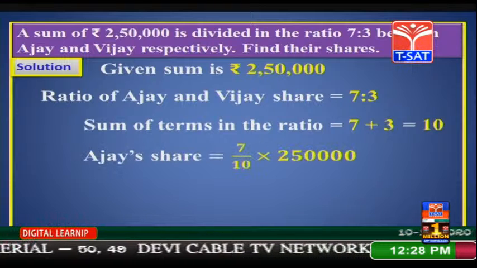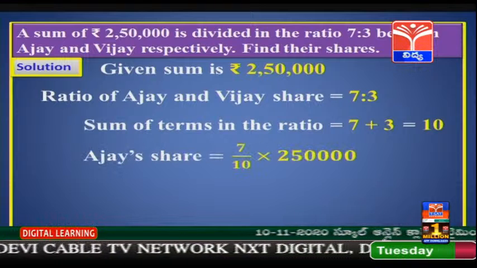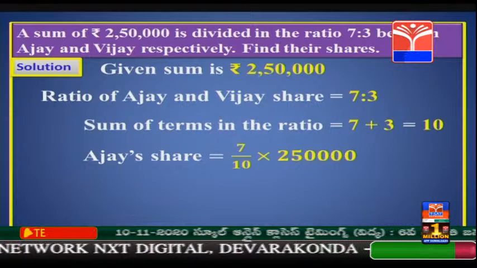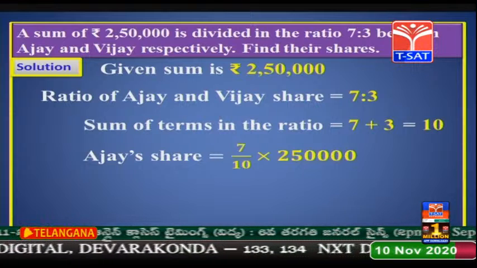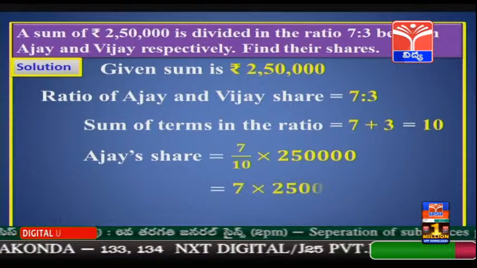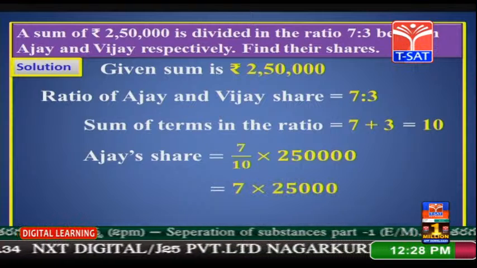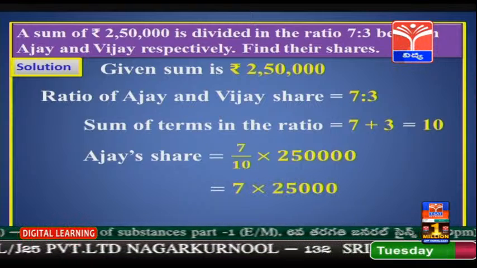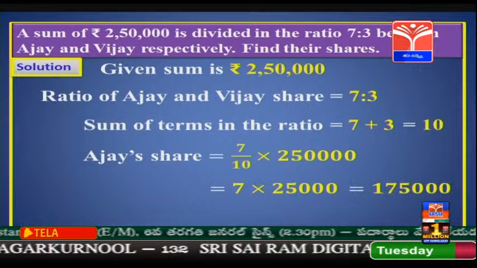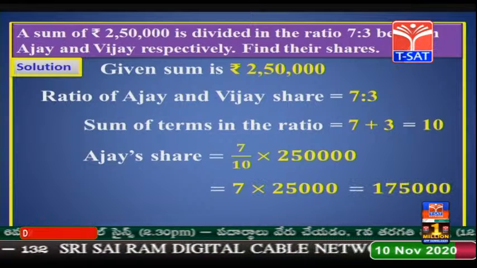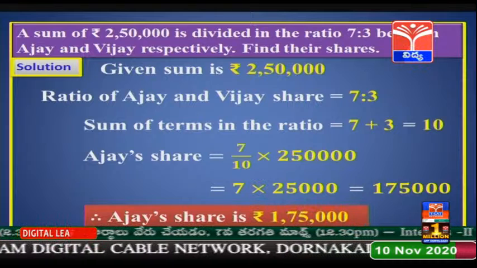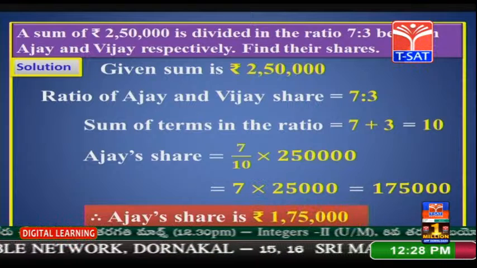Now, what is Ajay's share? 7 out of these 10 parts. So, that is 7 by 10 into 2,50,000. On simplification, you get 7 into 25,000, which is 1,75,000 rupees. So, what is Ajay's share, children? 1,75,000.